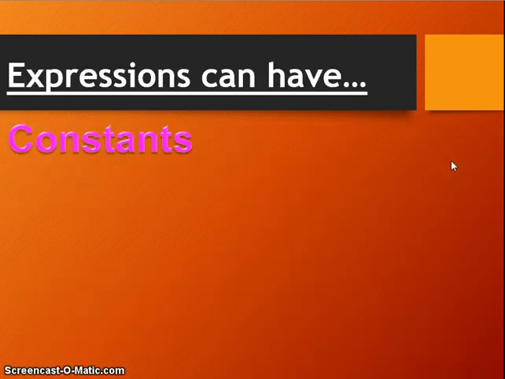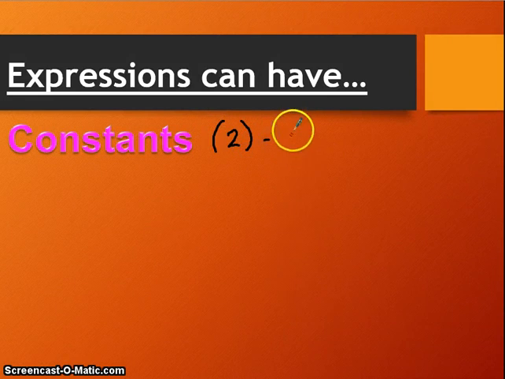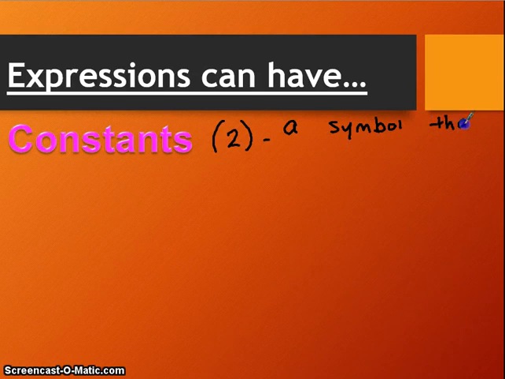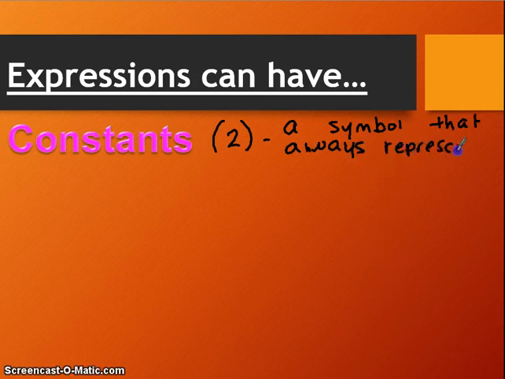Now, expressions have many parts. If you think about the expression that we just wrote, the number 2, that is an example of a constant. A constant is a symbol that always represents the same amount.